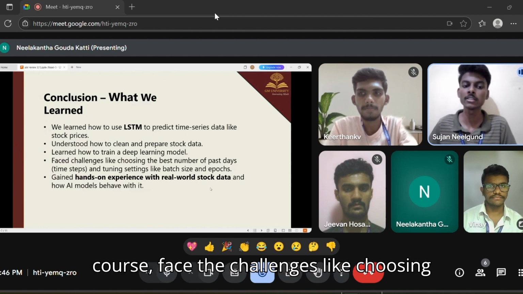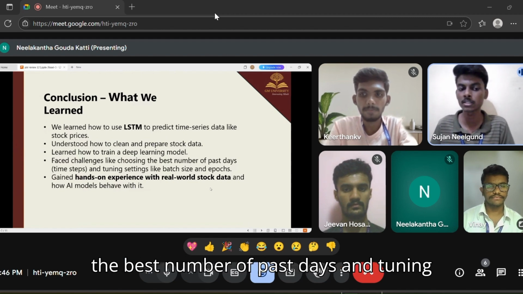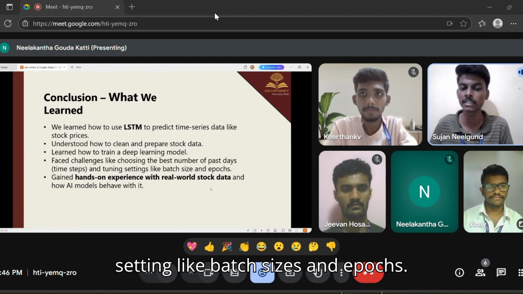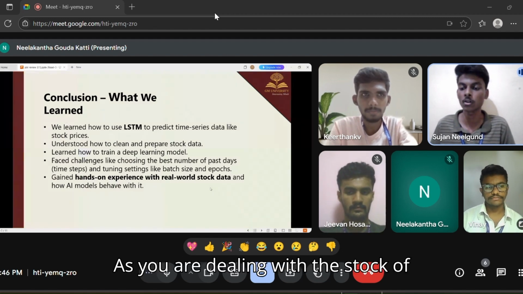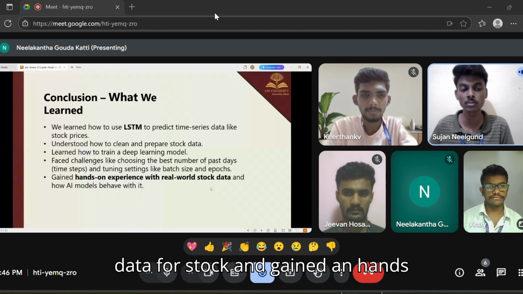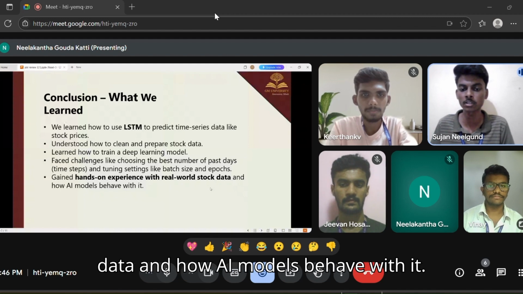Of course, we faced challenges like choosing the best number of past days and tuning settings like batch sizes and epochs. And we gained hands-on experience with real-world stock data and how AI models behave with it.